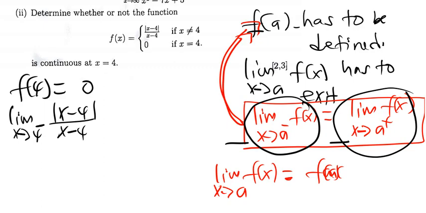So I'm going to say this is going to be equal. When you are plugging in the values, you remove the limit. So it's going to be the modulus of 3.9 minus 4 over 3.9 minus 4. What is 3.9 minus 4? You can do this using simple calculations.